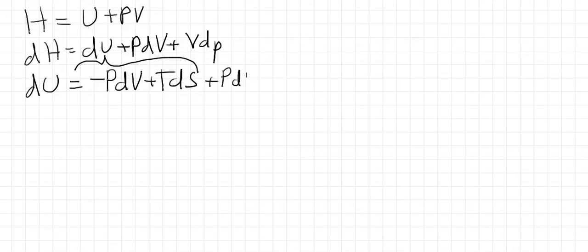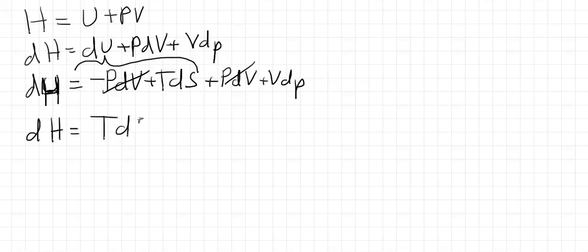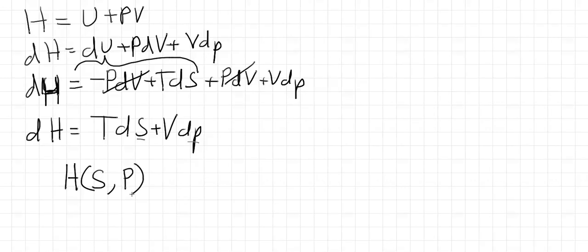So now we throw these other terms on there, and we can cross off these, and say that the change in enthalpy is going to be TdS plus VdP. So we can see that the natural variables of H are, well, what are they? We know that there are these variables here that cause the change. So it's going to be entropy and pressure.